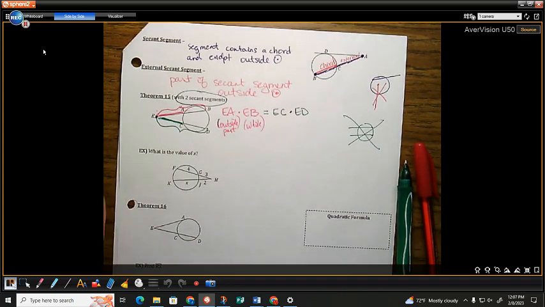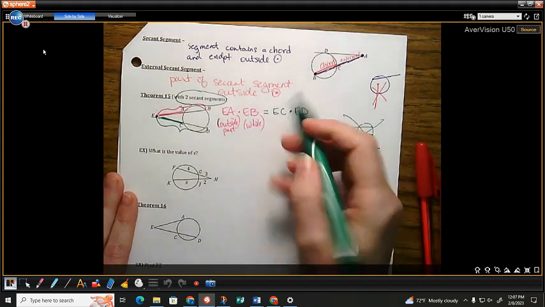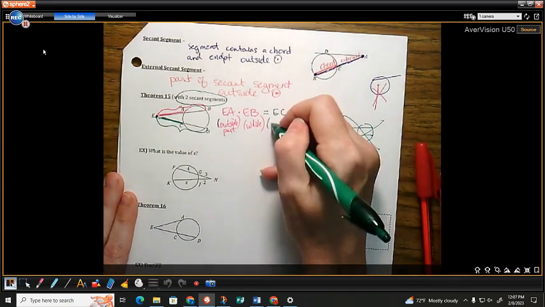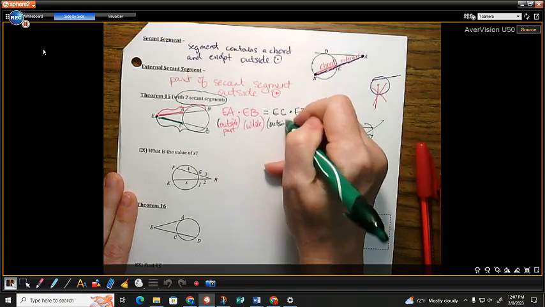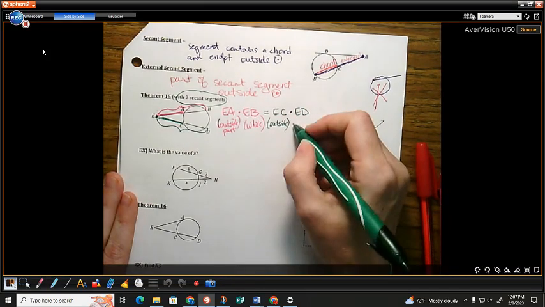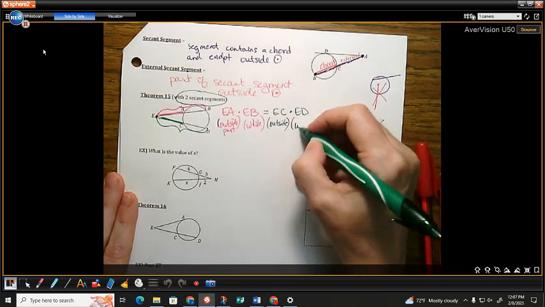Did we do anything with the chord part? Nope. And then what's EC? It's another outside part, an external secant segment. And what's ED? The whole secant segment.